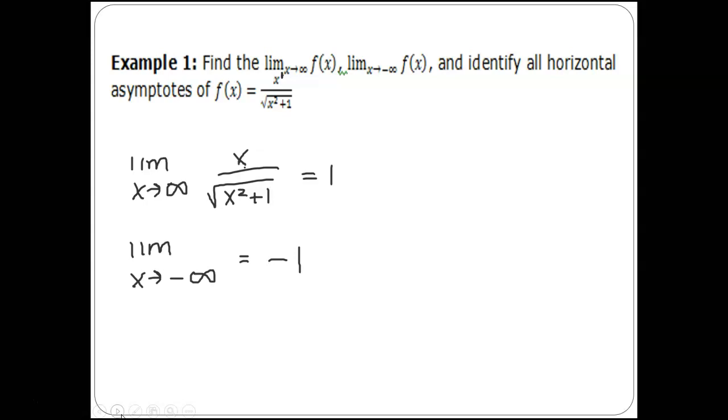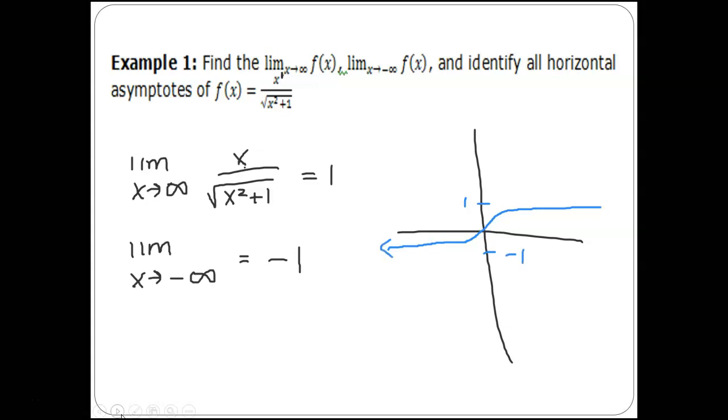If you graphed it on your calculator, it would look like this, where this is 1 and this is -1. And that idea of the split comes from the square root of x squared.